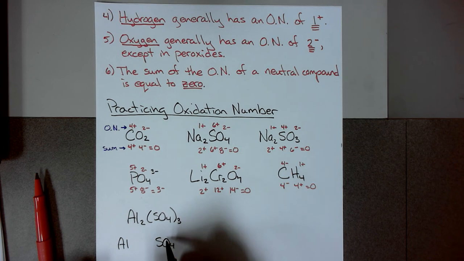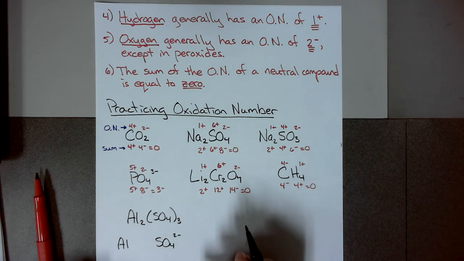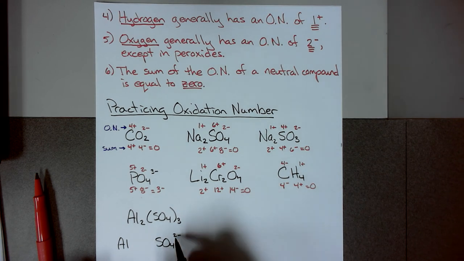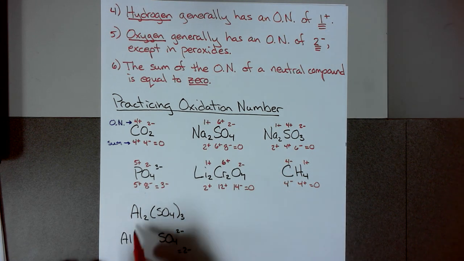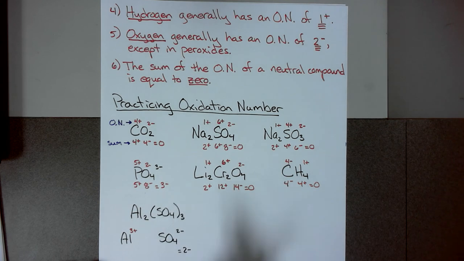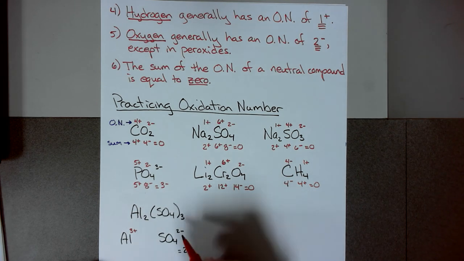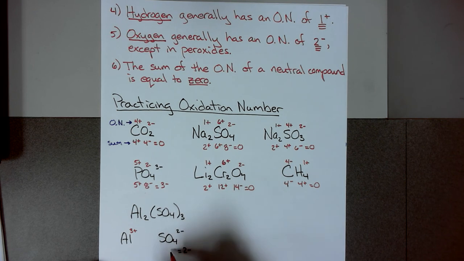And SO4 is a 2-, so that has to have a charge equal to 2-. So when I do this, we know aluminum is a monatomic ion. It's a 3+. So it has a 3+ oxidation number. Here we go, 2 times 4, so that's an 8-. And to get to a 2-, this has to be a 6+.